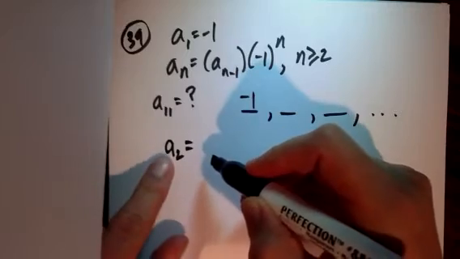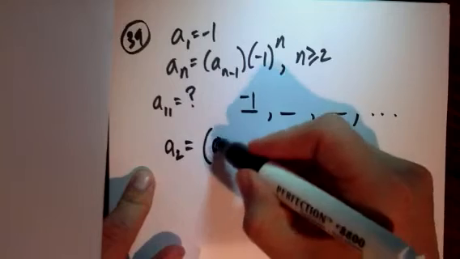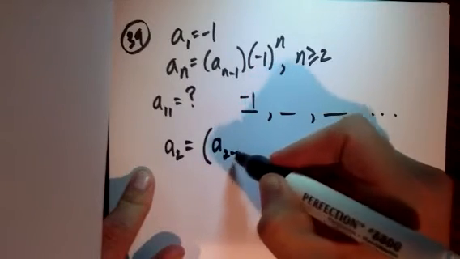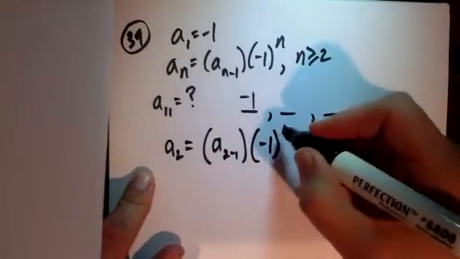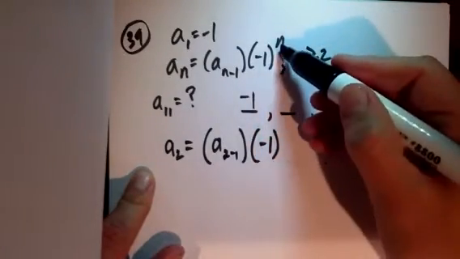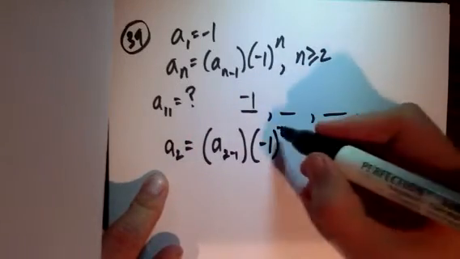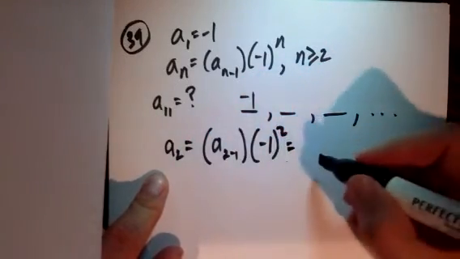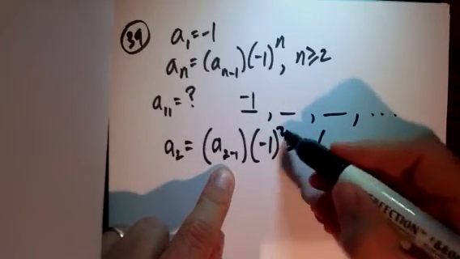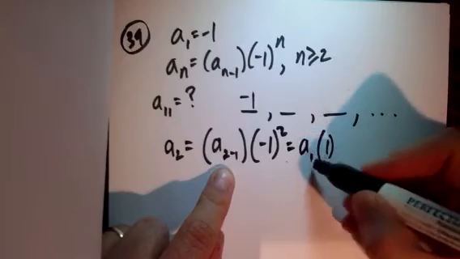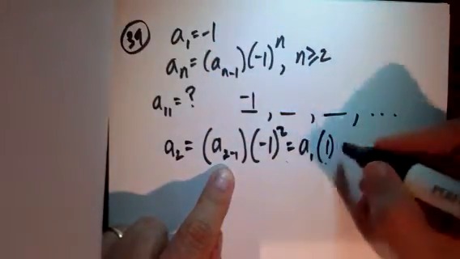The second number in the sequence is A sub n minus 1, which is 2 minus 1, times -1 to the nth power, which is 2. So what is this? Well, A sub 2 minus 1 is A sub 1. -1 squared is 1. A subscript 1, well, that's -1. That's the first number in the list.